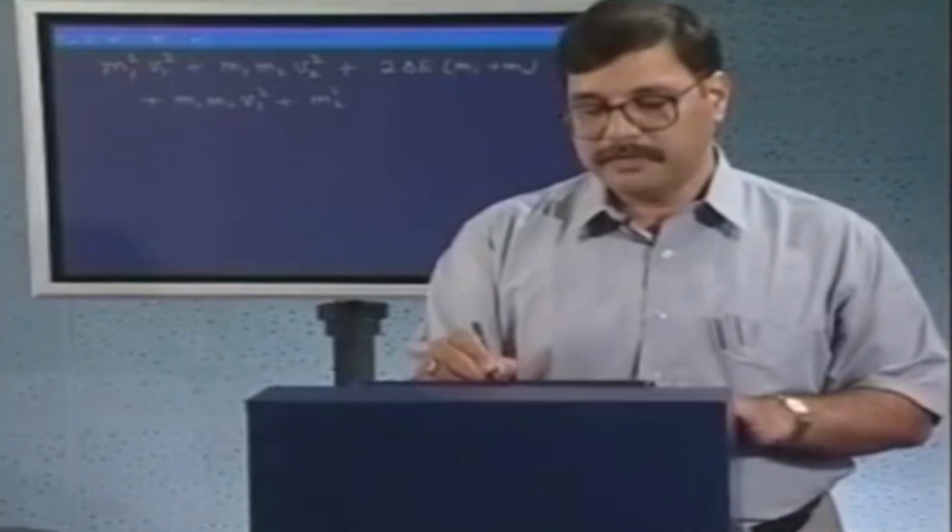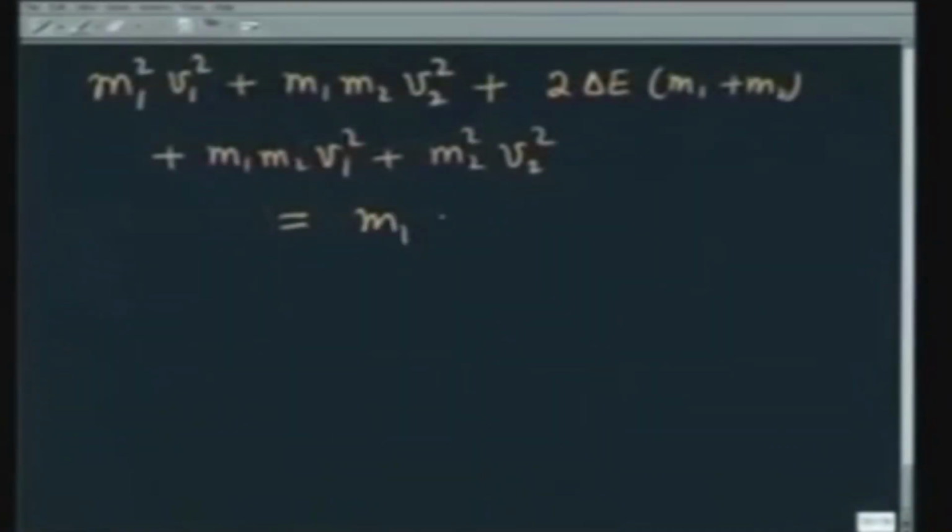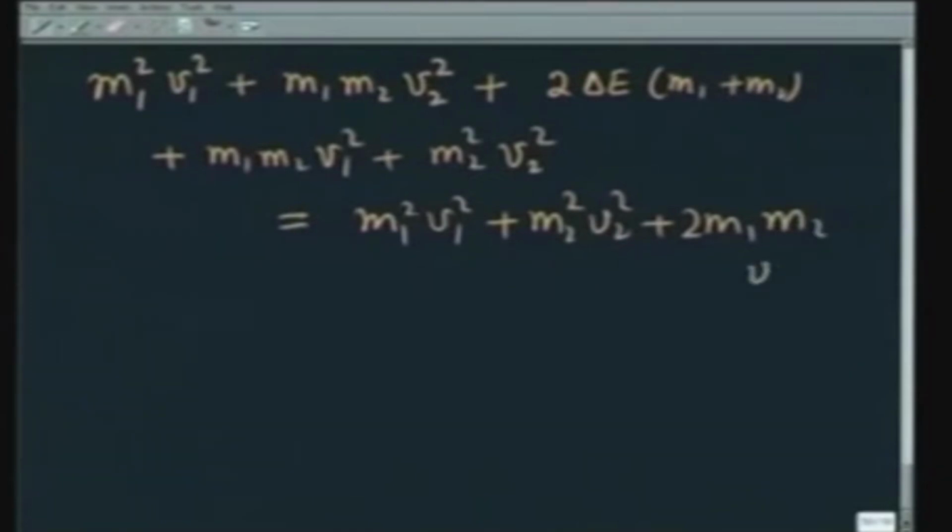v2 square plus 2 delta E (m1 plus m2) plus m1 m2 v1 square plus m2 square v2 square is equal to m1 square v1 square plus m2 square v2 square plus 2 m1 m2 v1 dot v2.